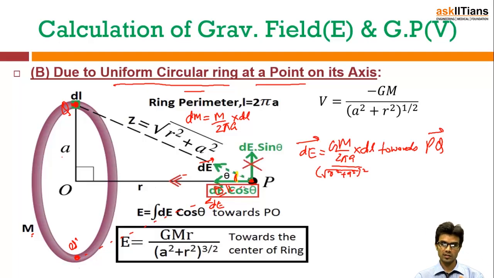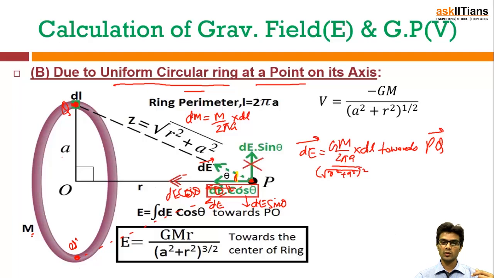So here dE cos theta and here dE sin theta. From here we can understand the dE sin theta is cancelled, equal in magnitude and opposite in direction. Only dE cos theta is the addition.